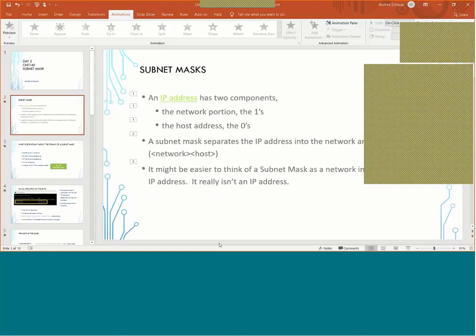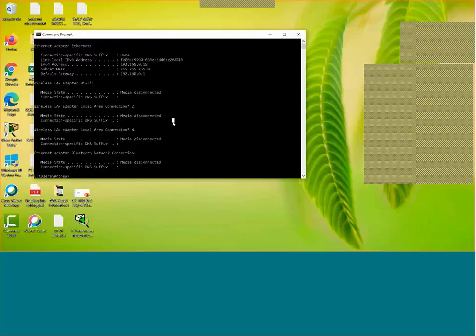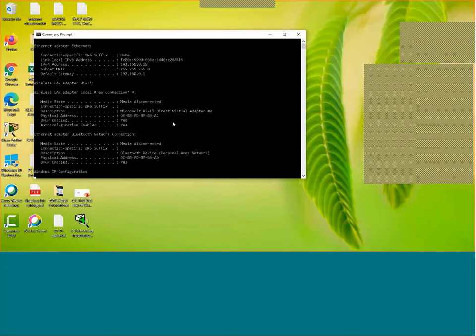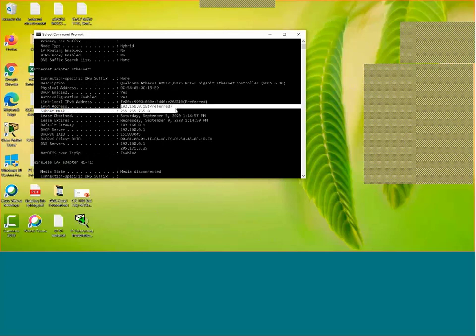So I'm going to show you if I pull up my IP config, if I go in here to the command prompt and I do an ipconfig /all, I can see my IP address is right here, okay? But it doesn't tell me what network I belong to, okay? That's what the subnet mask does. A subnet mask tells us what network I belong to.